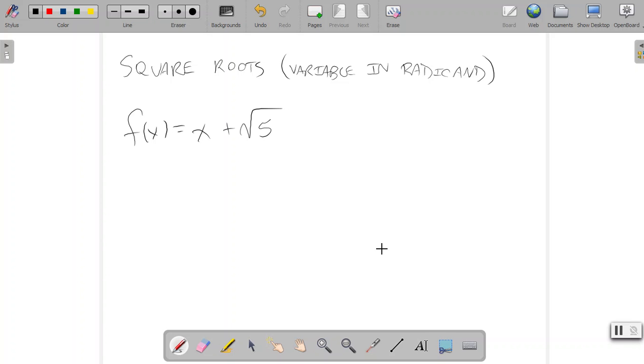The radicand, if you recall, is the stuff inside the square root sign. But radicand sounds cooler, it sounds more official. 5 is not a variable, so your default kicks into play. Domain is everything, all real numbers. I mean, 5 is just a number. The square root of 5 is just a number, 2.236 approximately.